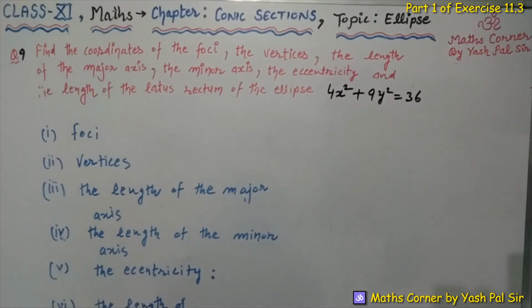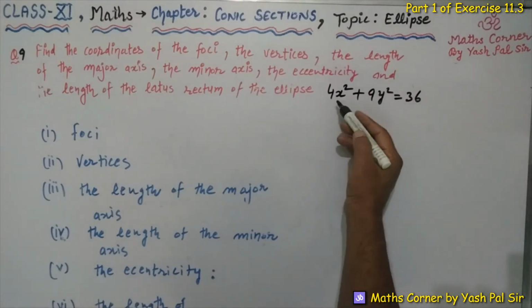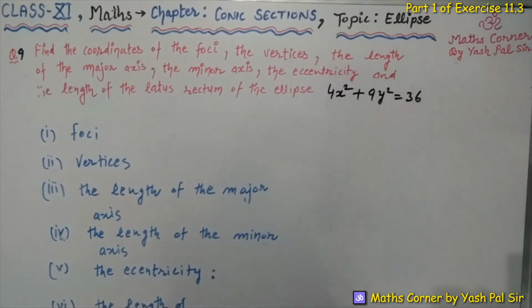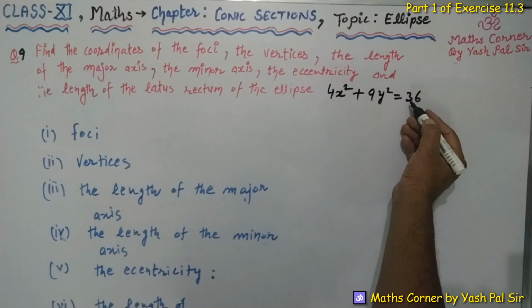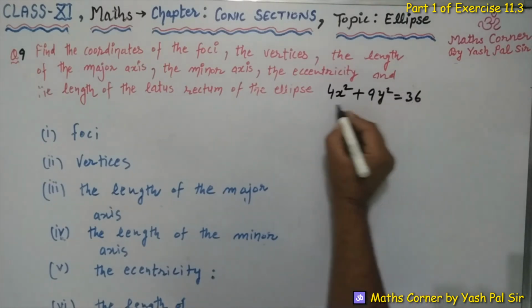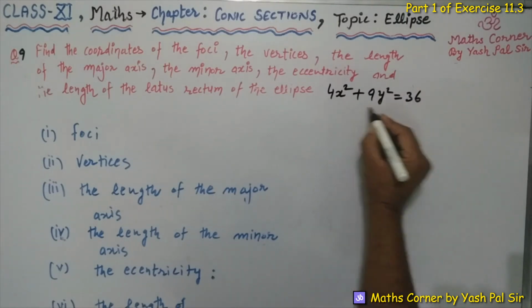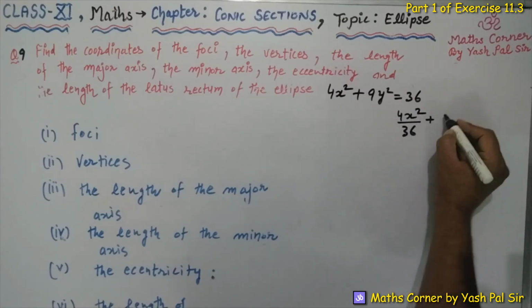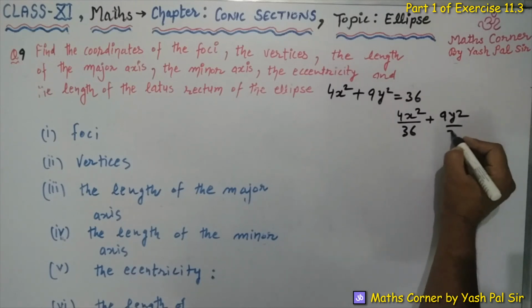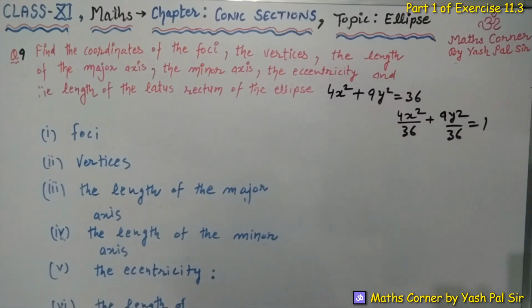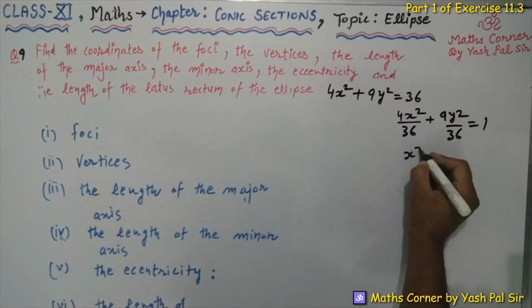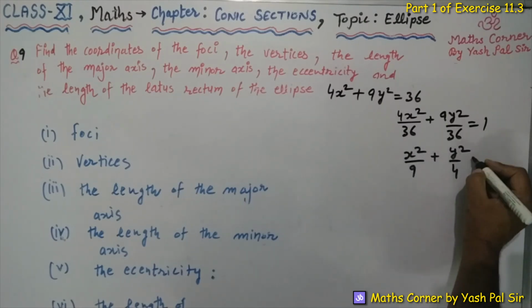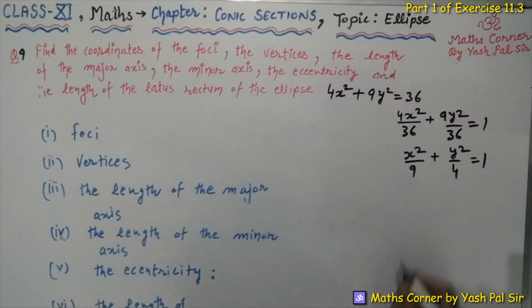Next question. In question number 9, the equation of the ellipse is 4x square plus 9y square is equal to 36. So we need the right hand side to be equal to 1, dividing both sides by 36. So we have 4x square upon 36 plus 9y square upon 36 is equal to 1. That is x square upon 9 plus y square upon 4 is equal to 1.